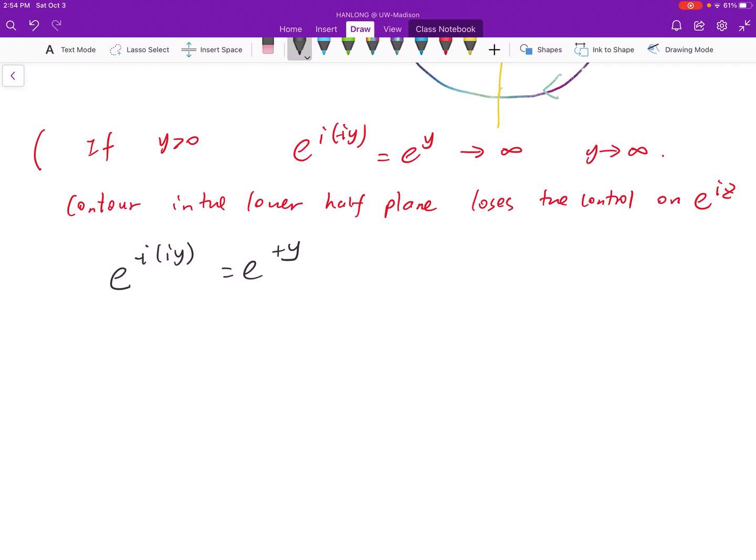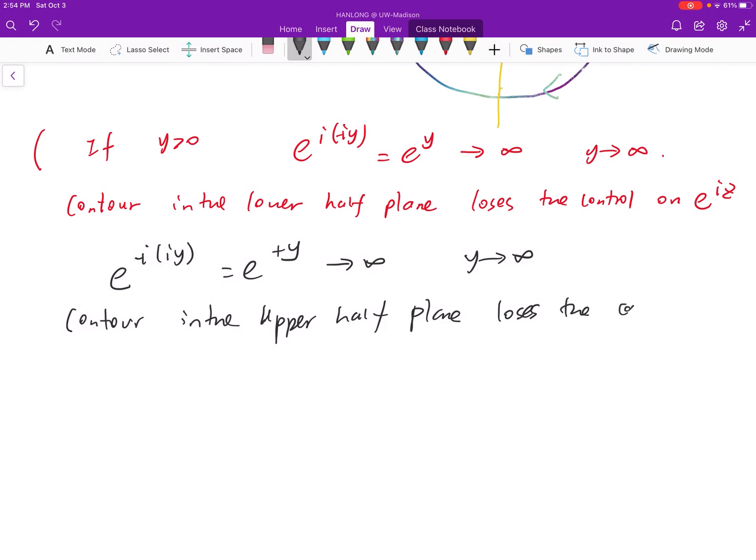It's exponential y, which goes to infinity when y goes to infinity. Then the contour in the upper half plane loses the control of exponential negative i z.